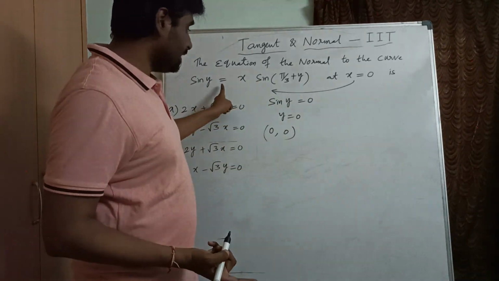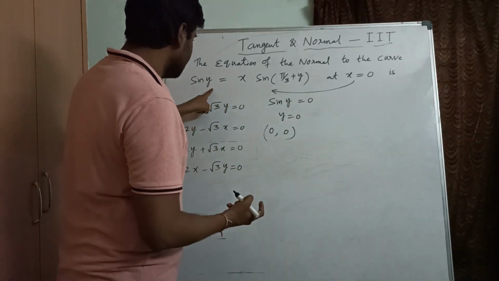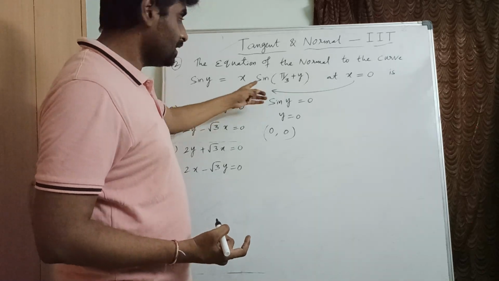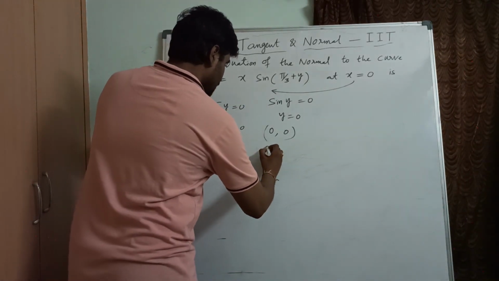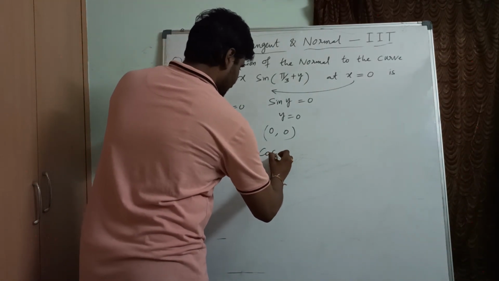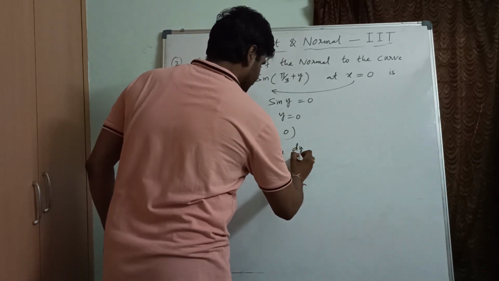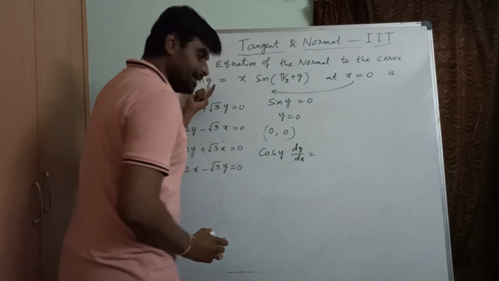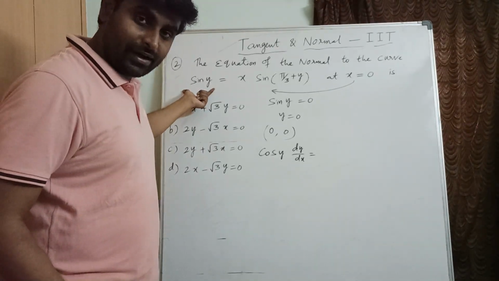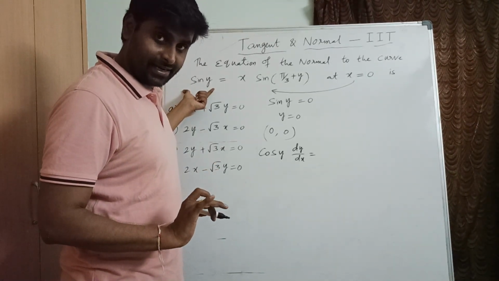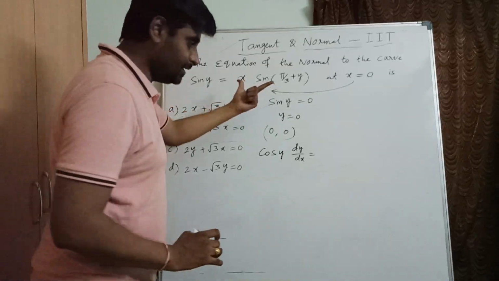So let me differentiate this one. See sin y, we need to differentiate this completely. The derivative of sin y is cos y, times the derivative of y, dy by dx, because this is a y term, not an x term. When you differentiate a y term, we write dy by dx. Now here the UV method.